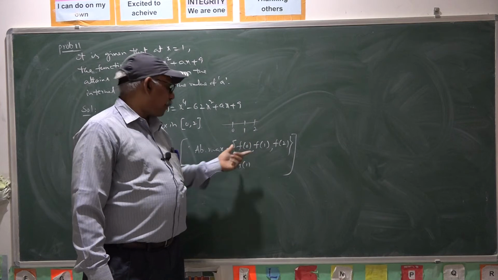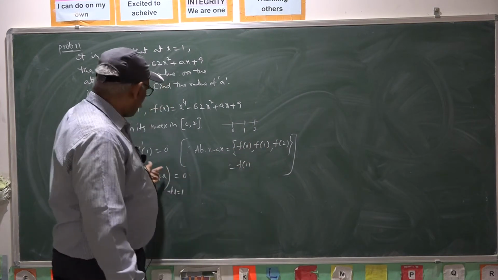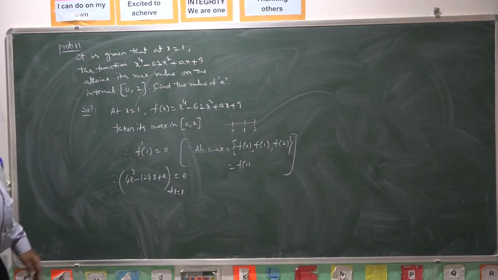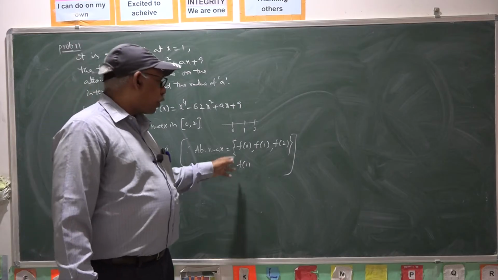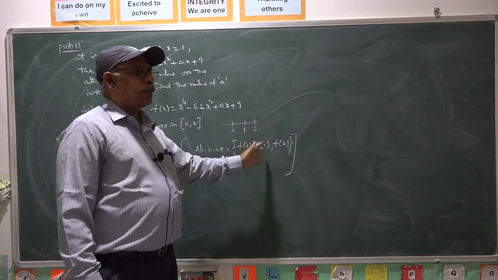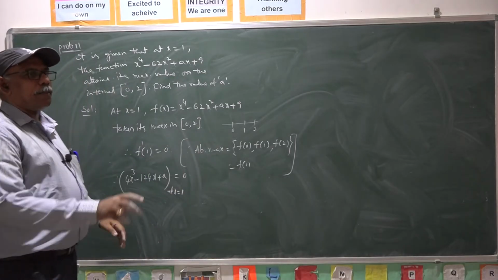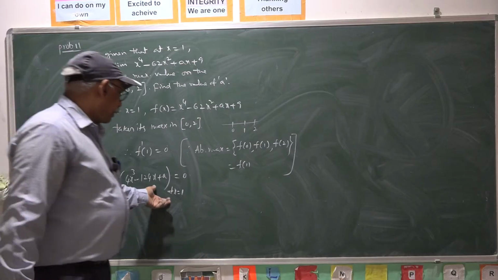So since this is the absolute maximum, certainly at this point x equal to 1, the first derivative must be 0, because here the absolute maximum does not exist at the ends. It exists at a point that lies intermediate to 0 and 2. Hence, the first derivative must be 0.